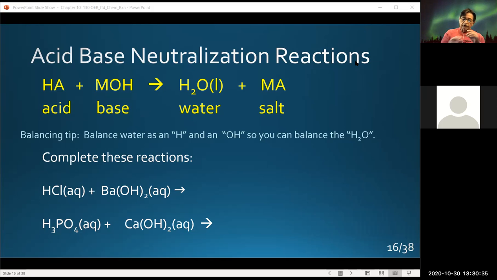Now let me ask you a question. Looking at the general equation for an acid-base reaction, we have 1 proton reacting with 1 hydroxide to give me how many waters?